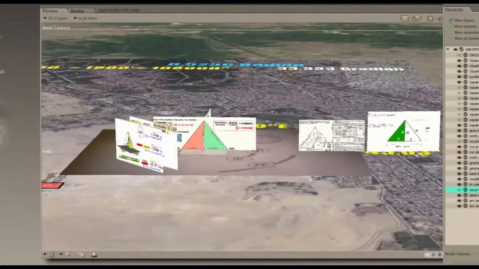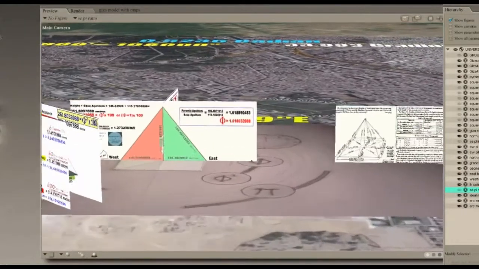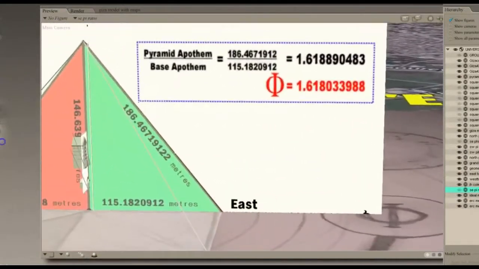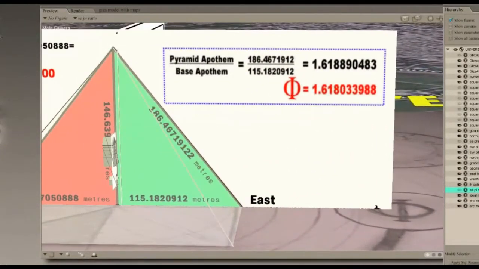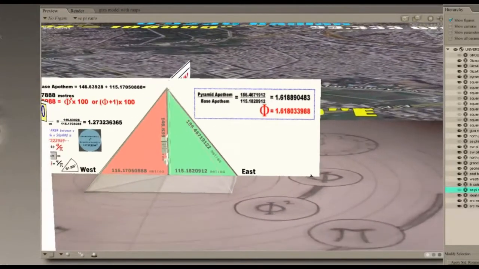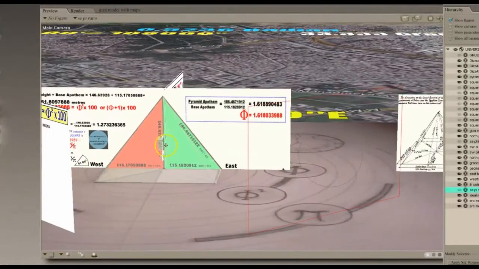Okay, so in regards to the phi proportion of the Great Pyramid, on the eastern side, using as exact measures as we can, this eastern face gives us the closest proportions of phi as a proportion. However, this southeast corner will also point us to some important information.